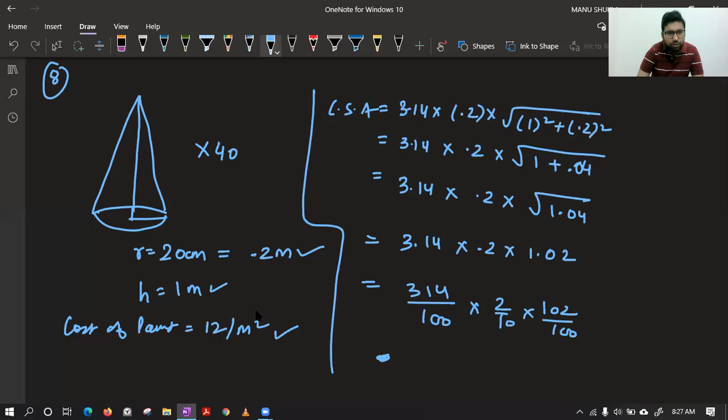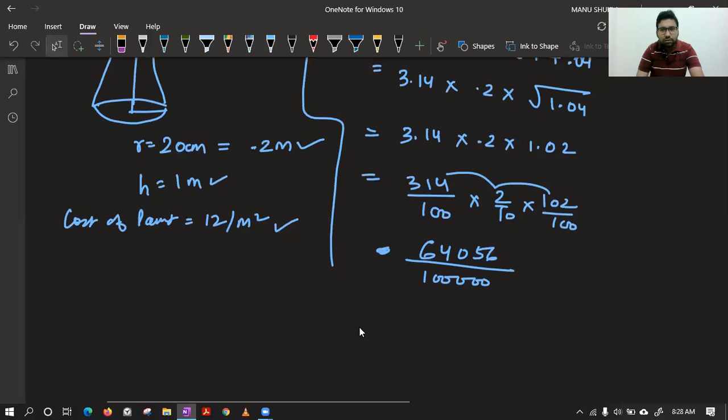Okay. Rudra, this is the multiplication of these three, na? I think that is the final answer that you are giving. 64056 upon 1, 2, 3, 4, 5 zeros. Then you multiply. This is the curved surface area.